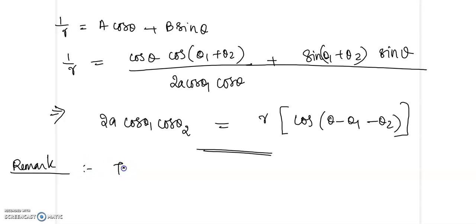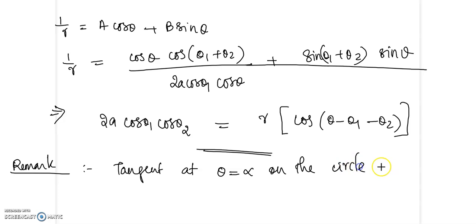The tangent at theta equal to alpha on the circle r equal to 2a cos theta. When you have a tangent at a point, the tangent will touch the circle exactly at a point. So here your theta 1 and theta 2 will be equal to angle alpha.